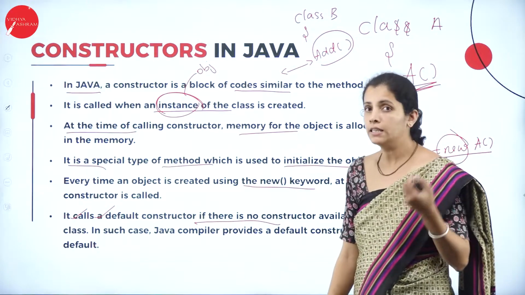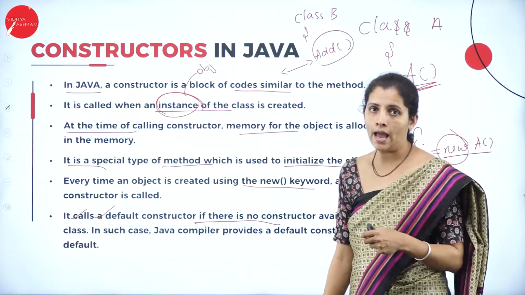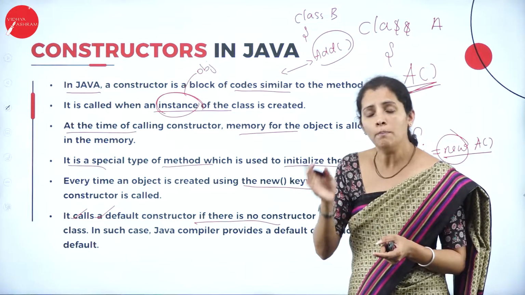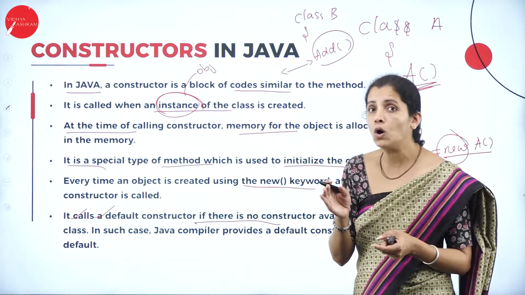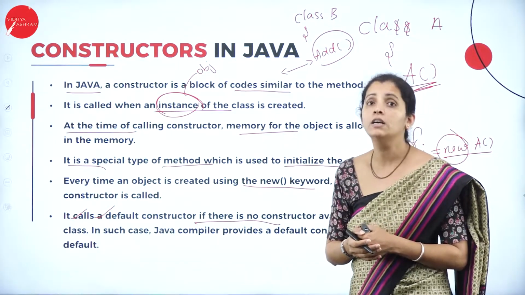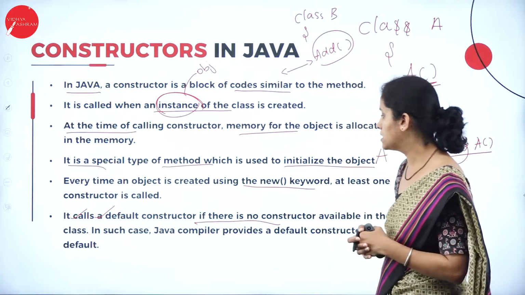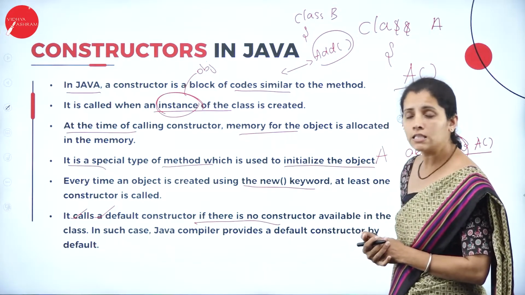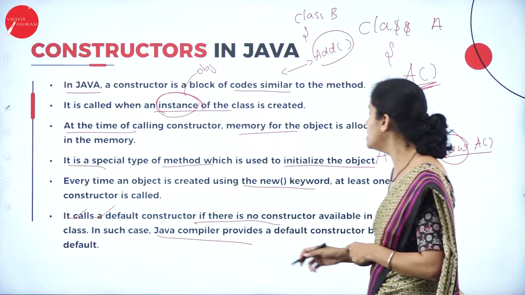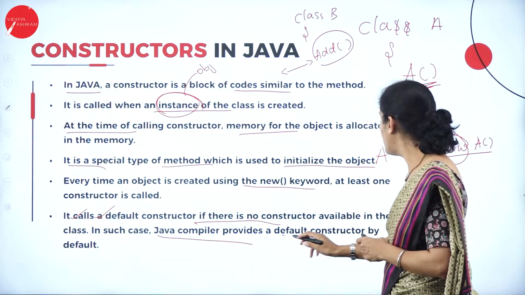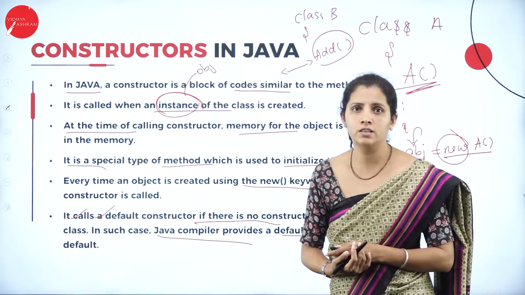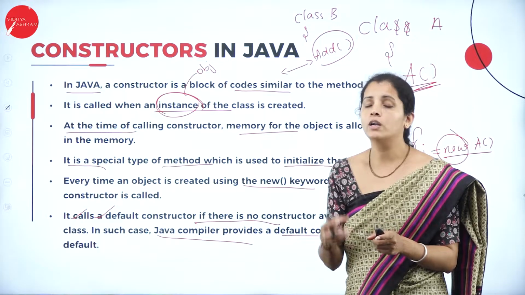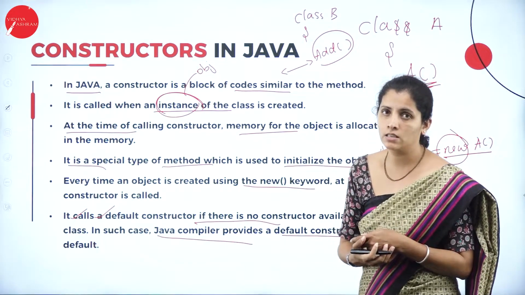Think that I have written a program without any constructor, but still constructors are called, and that is nothing but the default constructor. If there is no constructor available in the class, the Java compiler provides a default constructor by default.